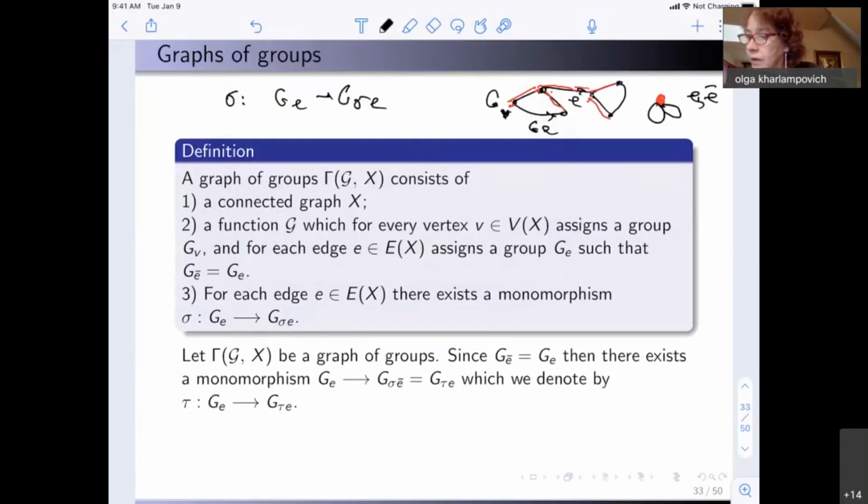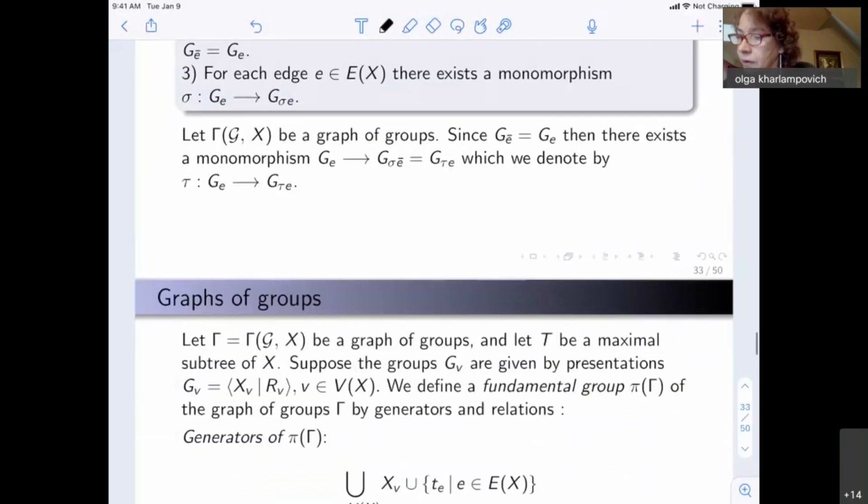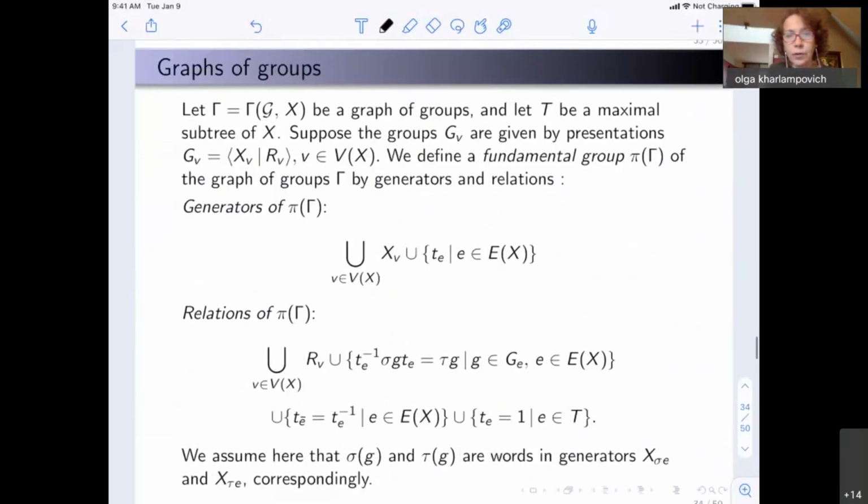Now I can talk about its relations. Suppose we have a graph of groups. Calligraphic G is a collection of groups assigned to vertices and edges, and X is a graph.